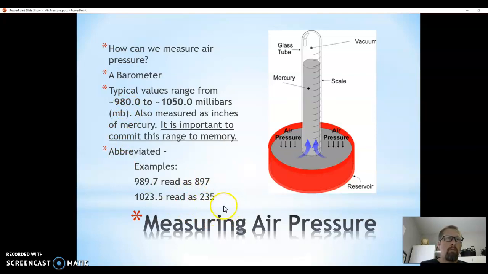I probably should have put another example here. If it was 1023.0, then it would be 230. The reason, you'll see once we start making weather station models, is a lot of data goes in a very small area, and so to make it less confusing and less information in one small area, we take off one or two numbers.